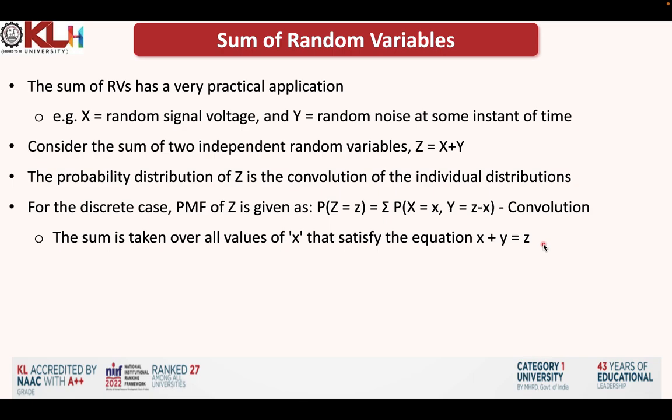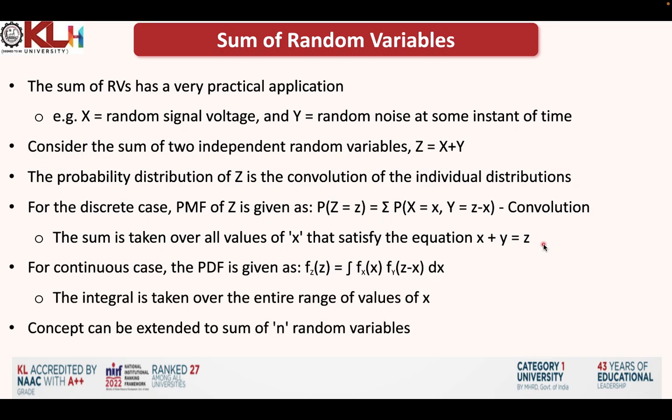This can also be done for the continuous case, so the sum is replaced by integration. The PDF of the sum is equal to the integration of the PDF of x times the PDF of y at z minus x, because x plus y is equal to z. And the integration again is taken over the entire range of values of x.